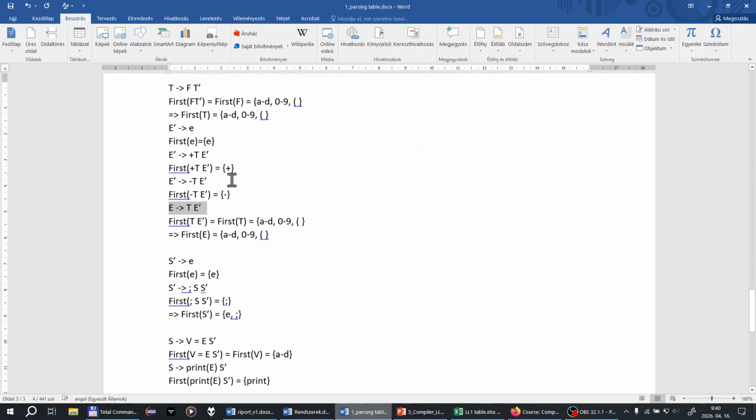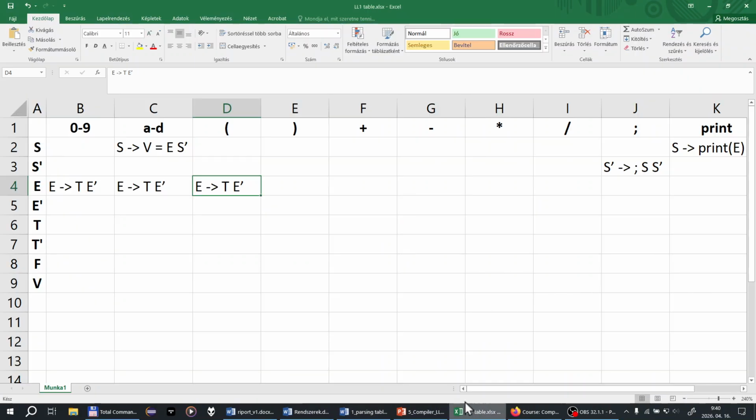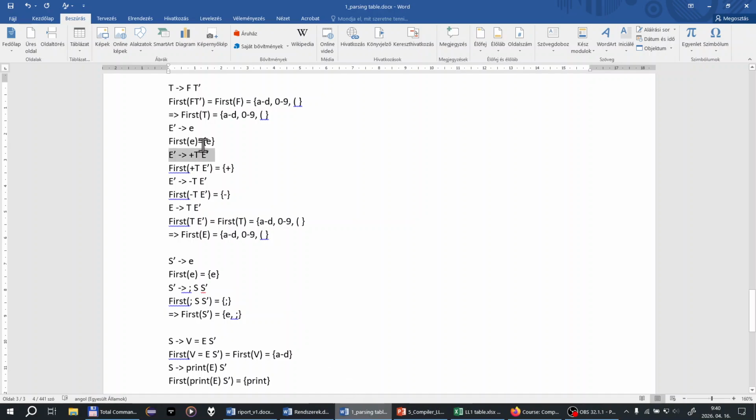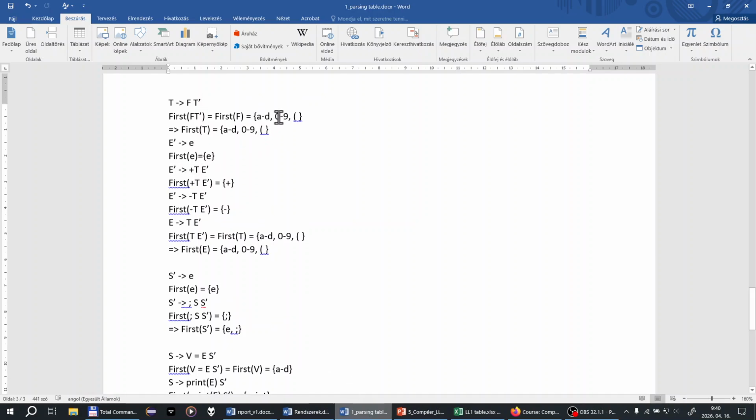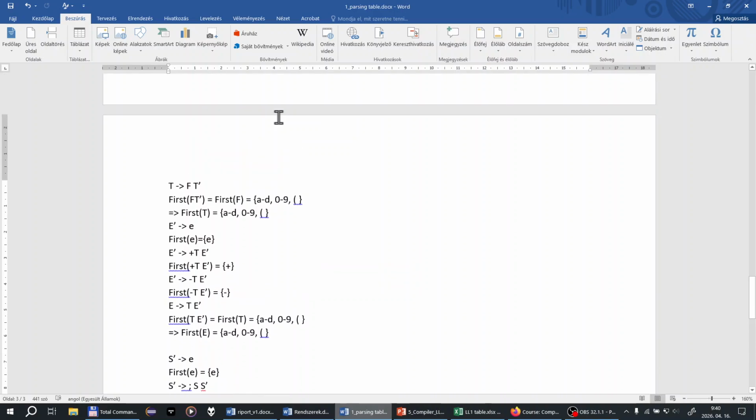For the E prime, if we have a plus or minus, it is easy. For the plus, we have plus T E prime. For the minus, we have minus T E prime. And again, for the empty, we have to compute the follow sets first.